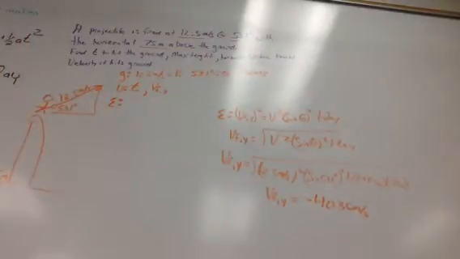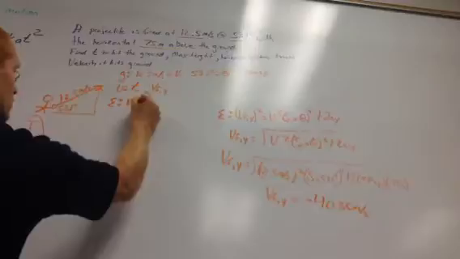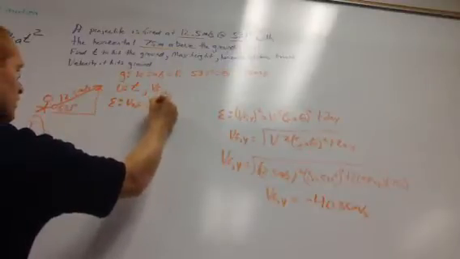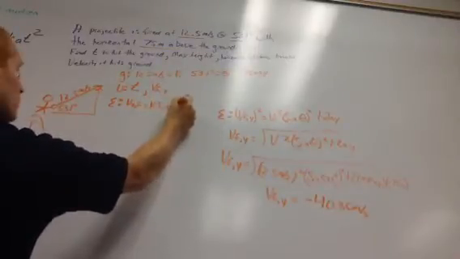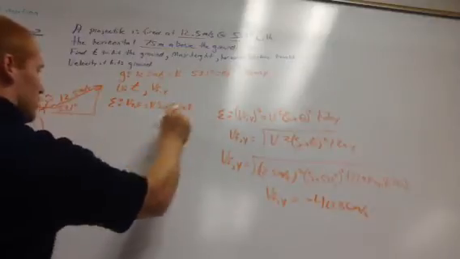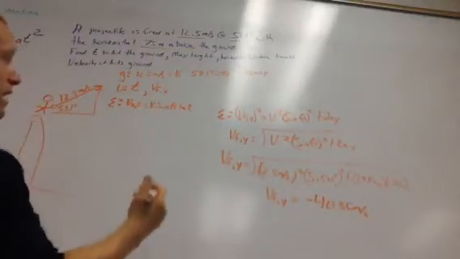For time, we can now use the equation VYF equals VI sine theta plus AT. Solving for time, we're going to do PEMDAS backwards.